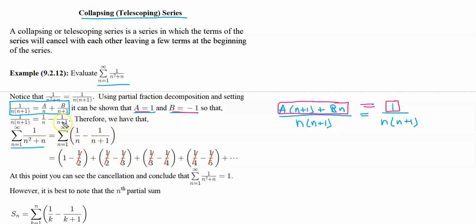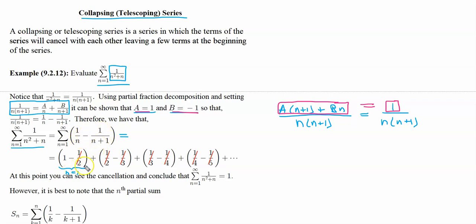It's simply the fact that this is equal to 1 over n minus 1 over n plus 1. Now let's see what happens when we write out a few of these terms, what this summation is equal to, expanded out. This is when n is 1. If we put 1 in for n, we get 1 minus 1/2.